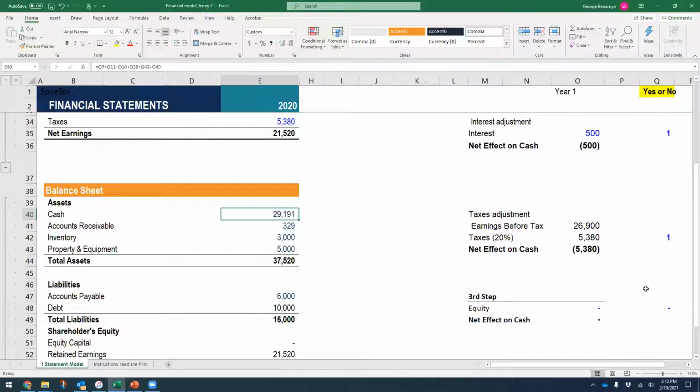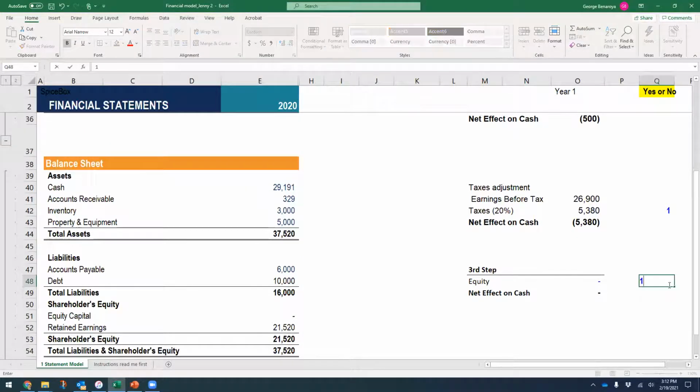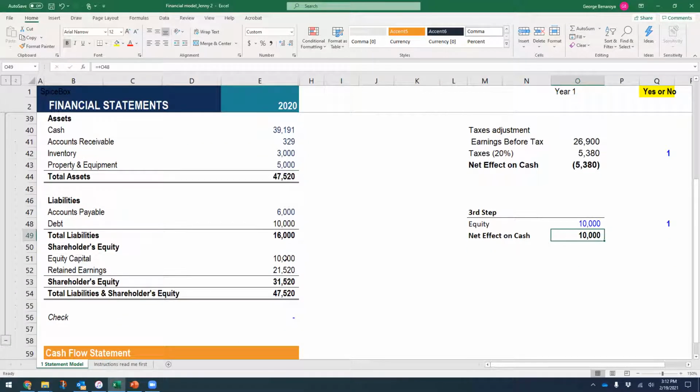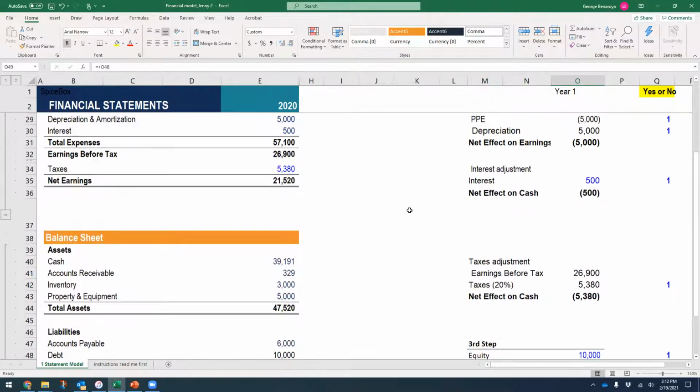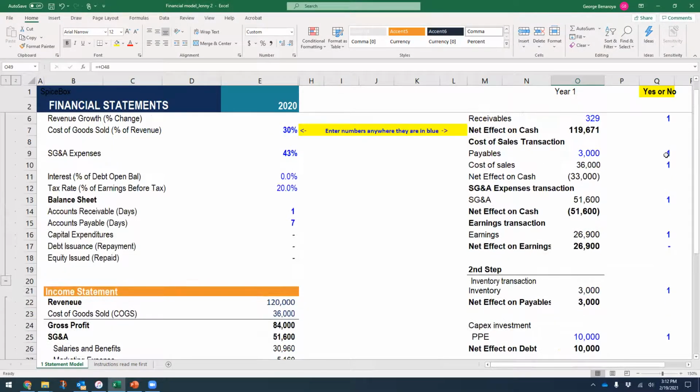So on the Excel file, we just put a one here on equity, and that will increase the equity and it will increase the cash by the same amount. And now here's the equity and the cash has increased by 10,000. So all these numbers in blue can be changed for the numbers that you have for your small business.